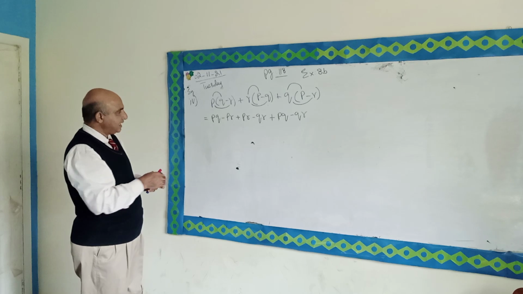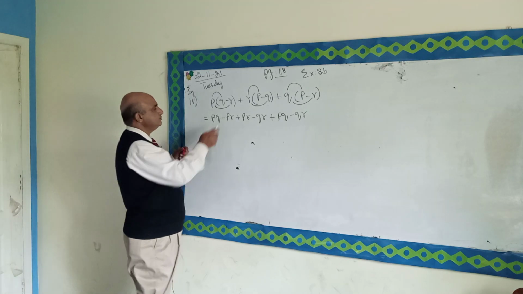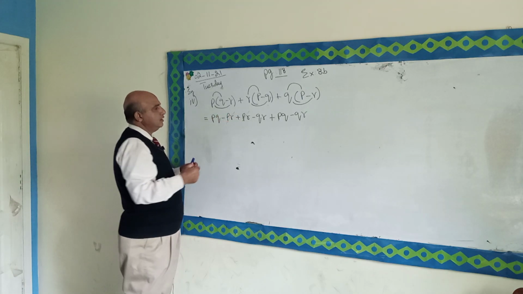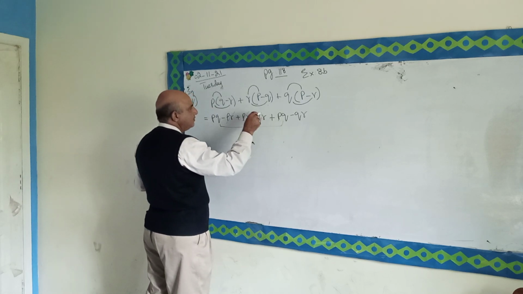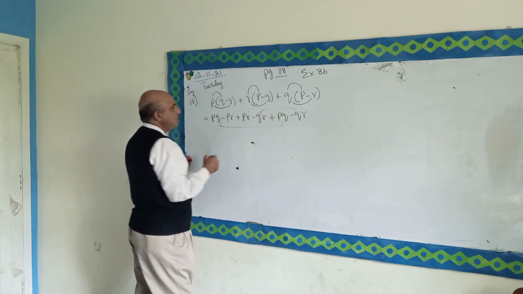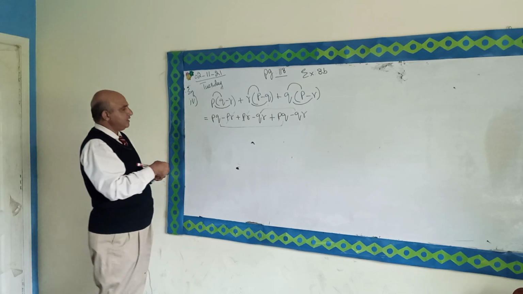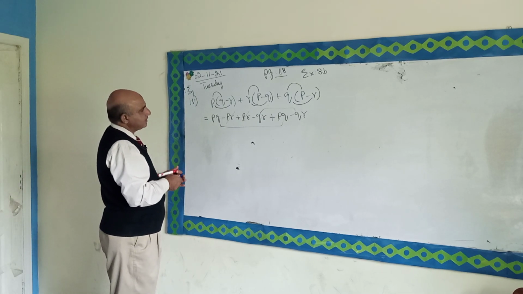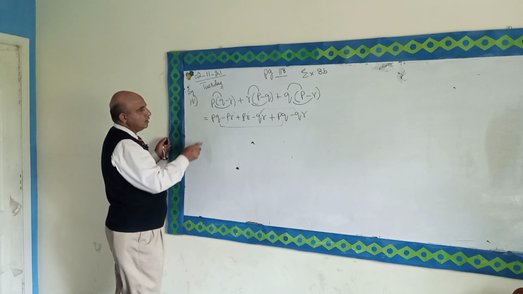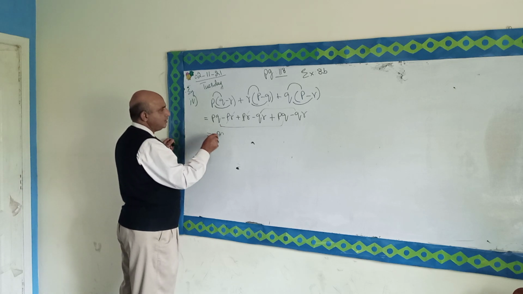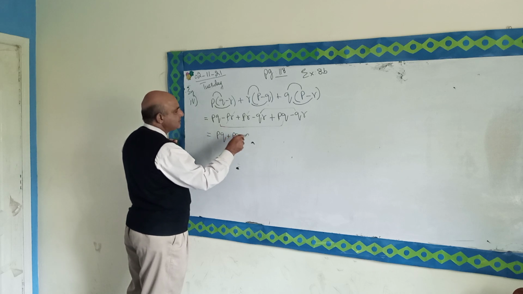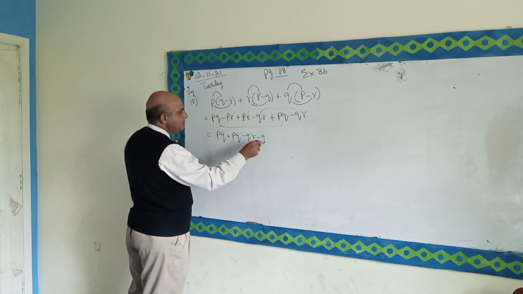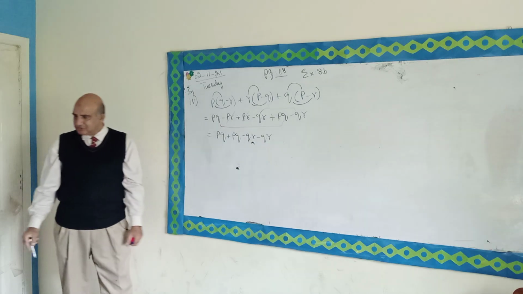So these two will be cancelled. Now here, PQ plus PQ and minus QR minus QR. So first we'll write it as PQ plus PQ plus minus QR, again minus QR. Is it right? Yes, sir.